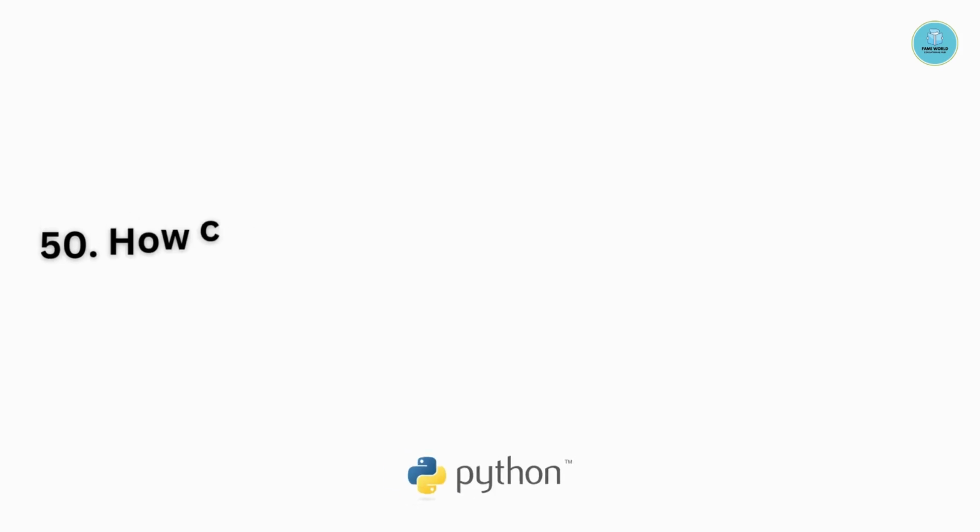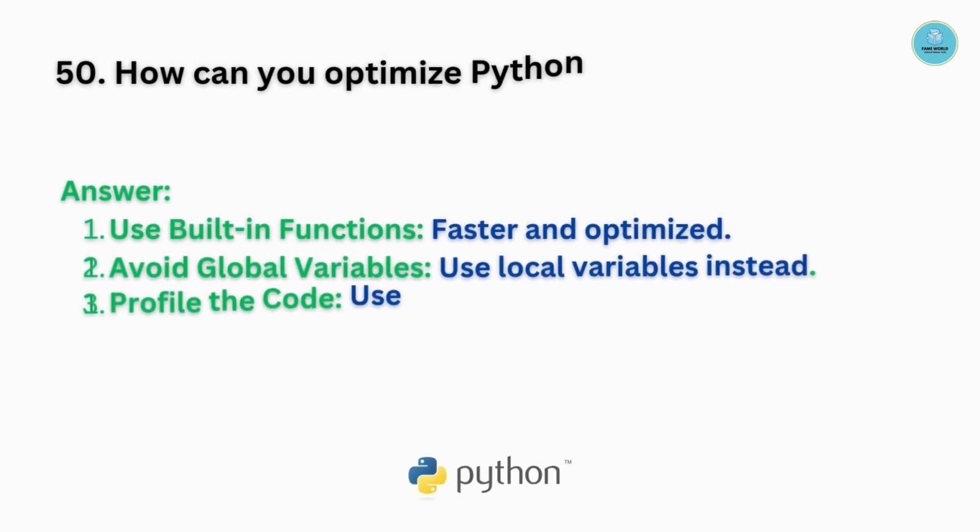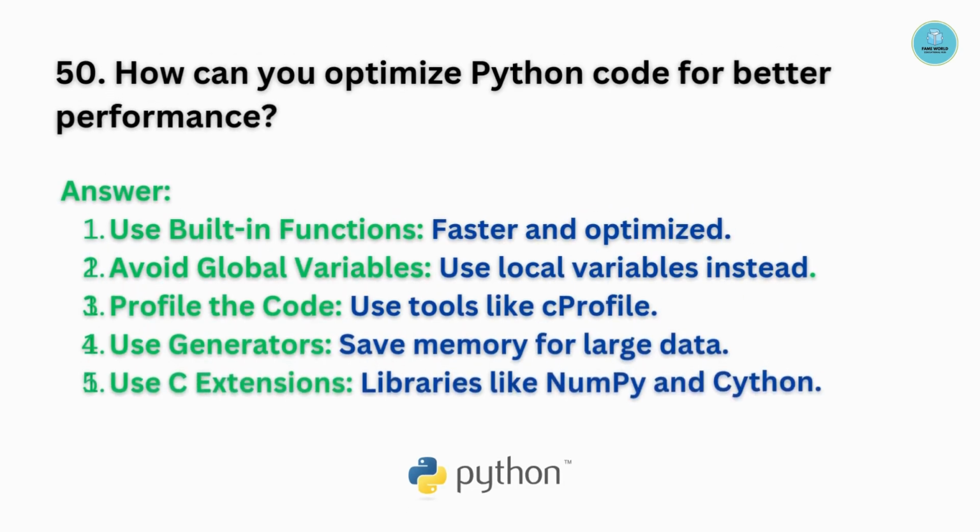Question number 50. How can you optimize Python code for better performance? Use built-in functions, avoid global variables, profile the code, use generators, use C extensions. Using built-in functions can be faster and optimized. Avoid global variables by using local variables instead.